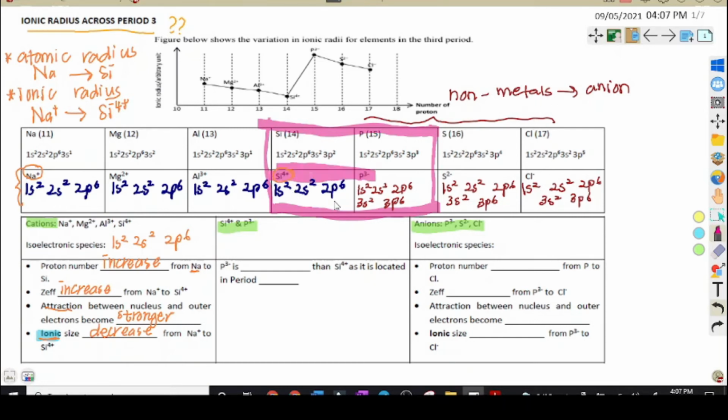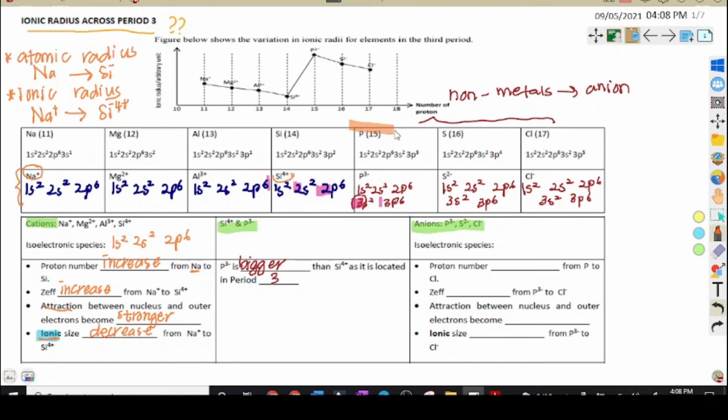What's different is that Si4+ has a valence shell of 2, while P3- has a valence shell of 3. So we're going to say that P3-, since it has a higher valence shell, is bigger than Si4+ as it is located in period 3.